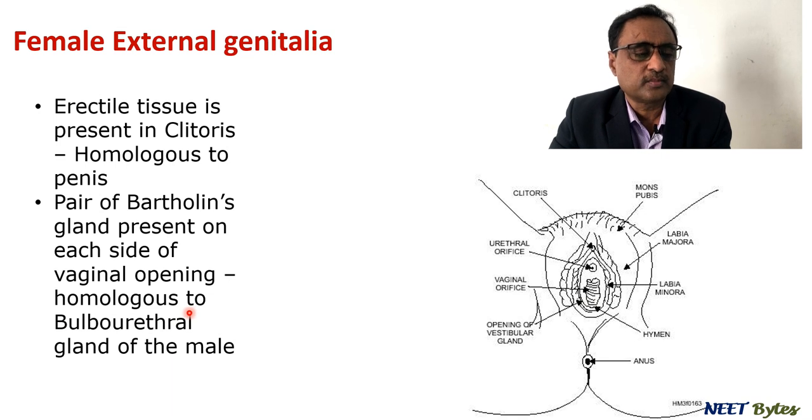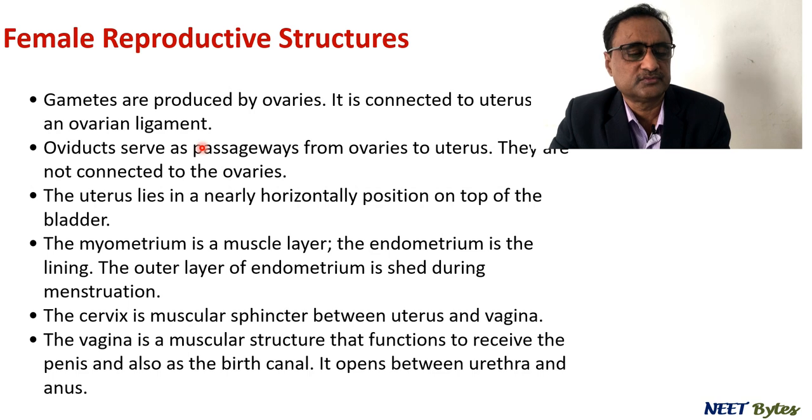Now let's talk about the female reproductive structures. We know very well that the gametes are going to be produced by ovaries, and it is connected to the uterus by ovarian ligaments. Now oviducts serve as a passage from the ovaries to the uterus, right? As far as the uterus is concerned, it lies horizontally positioned on the top of the bladder.